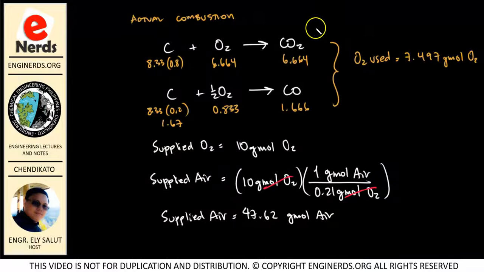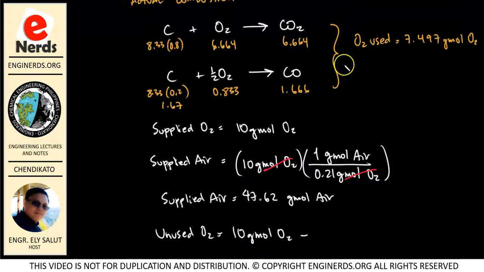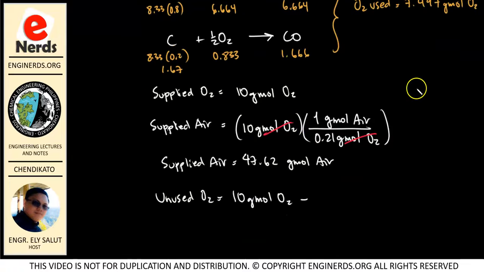So, yan yung nagamit nating O2 para ma-convert natin yung mga carbon. Kaso, ang supply natin ng O2 is 10 gram mole. So, gaano karaming O2 yung hindi nagamit? Diba? So, meron tayong hindi nagamit na O2 eh. So, unused O2 is equal to yung supplied O2 which is 10 gram mole O2 minus yung nagamit natin na O2 which is 7.497 gram mole.